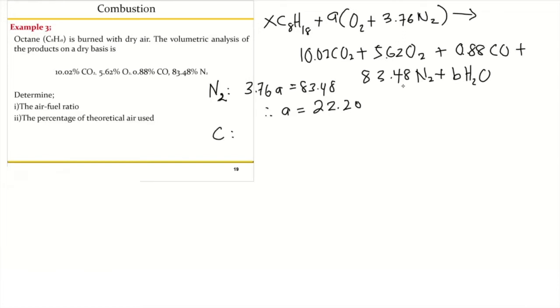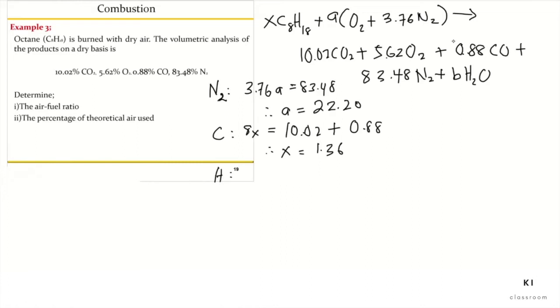Now carbon: we have 8x equals 10.02 plus 0.88, so from there you can determine the value of x. So x here is 1.36.